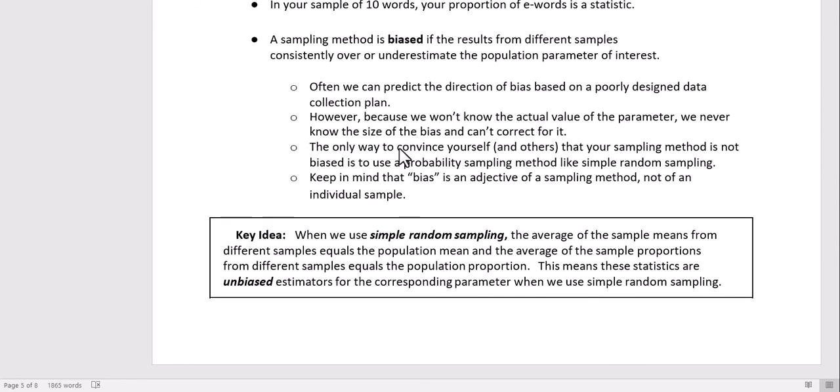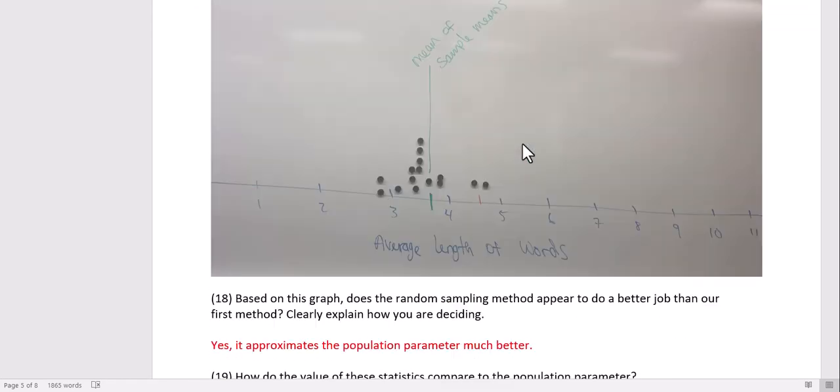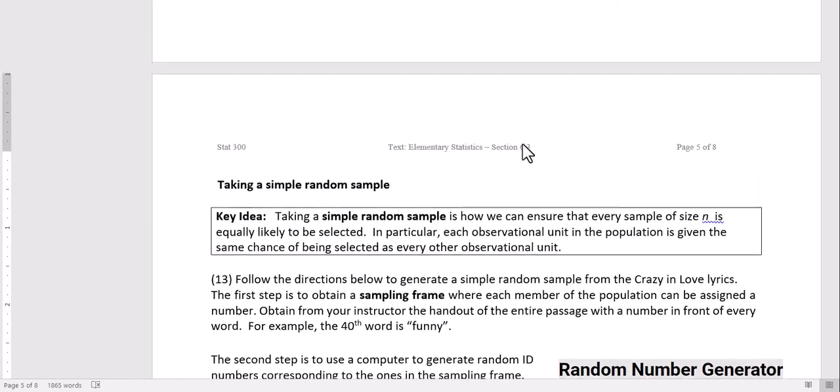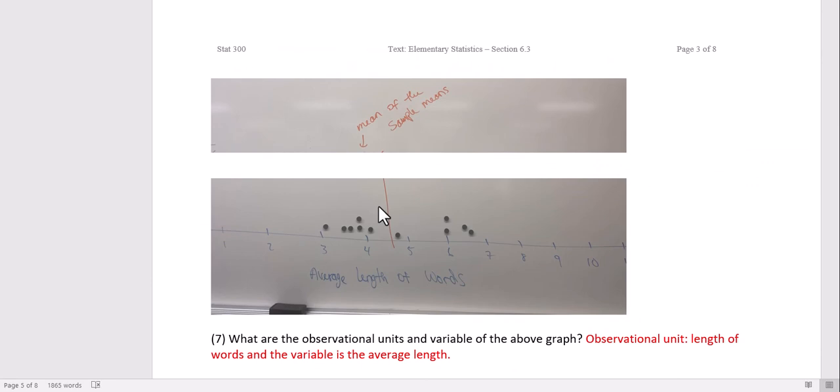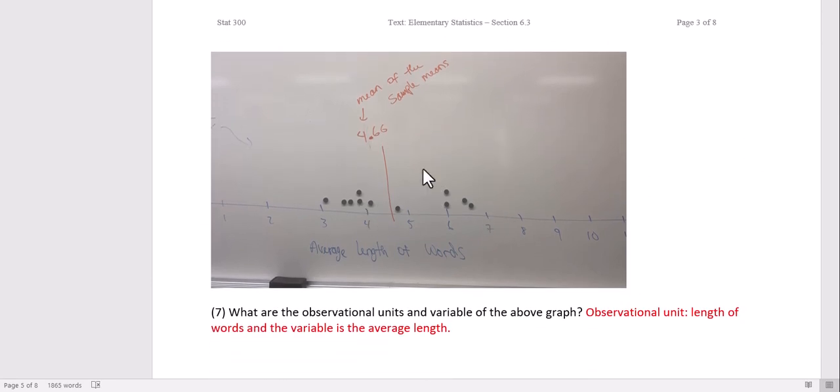A sampling method is biased if the results from different samples consistently over or underestimate the population parameter of interest. So going back to the original dot plot, the one that was not a random sample, the one that was biased, right? One of the reasons we said it was chosen this way is we were thinking about the meaning of the song and how we were choosing words. So we had our own bias in there. Notice the mean here was 4.66.